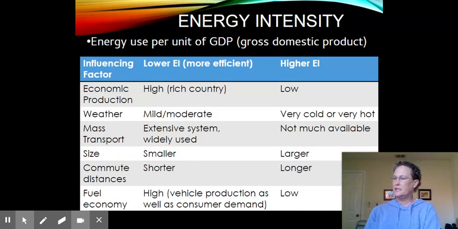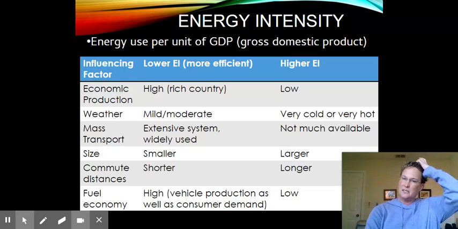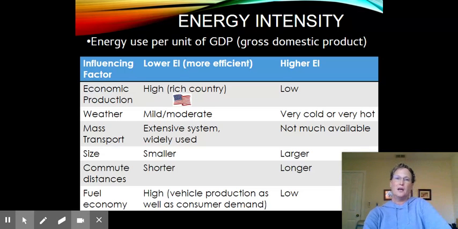Okay, so energy intensity is the energy used per gross domestic product, okay? So this is what's kind of interesting, is it's really confusing like how the United States uses different kinds of oil. So for economic production, so things that are more efficient, less energy intense, so we use the more energy intense one.